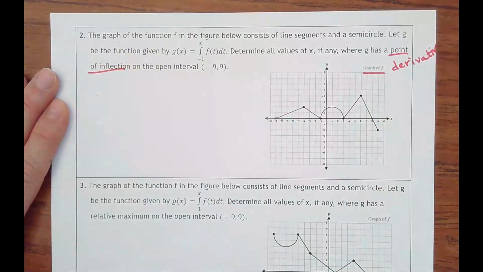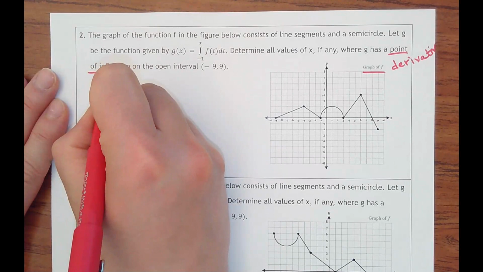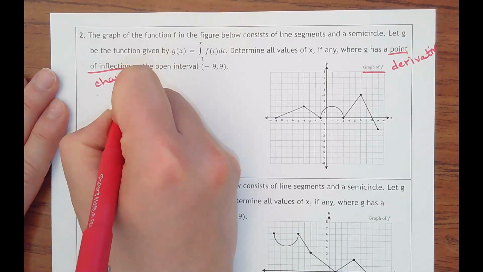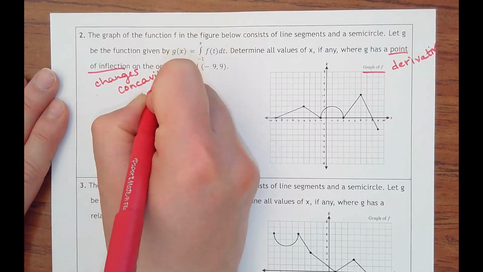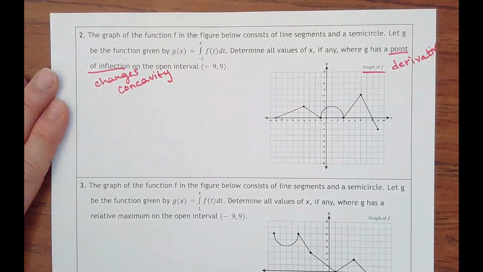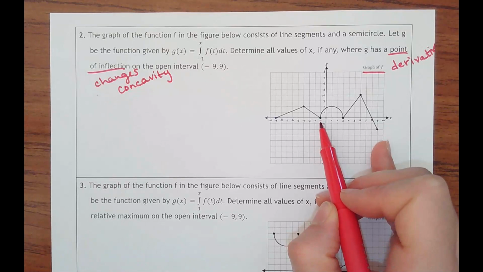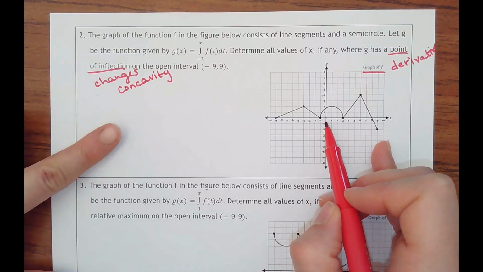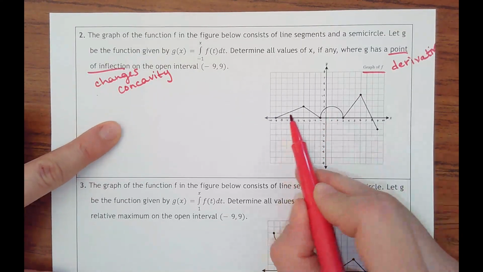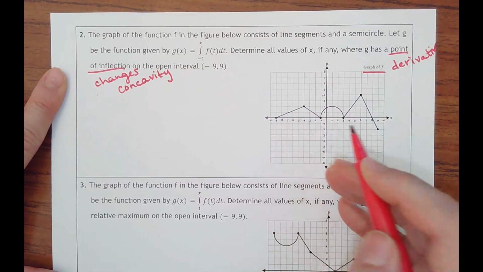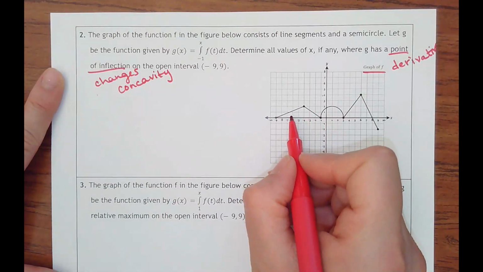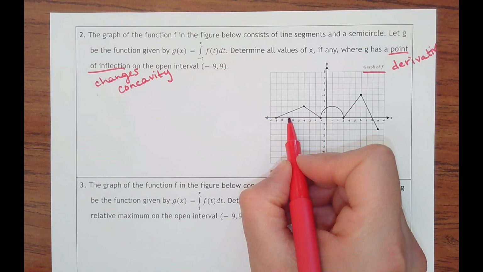Okay, do you remember points of inflection are where it changes concavity? So if it changes concavity, and I'm looking at the derivative graph, concavity is actually the second derivative. So I'm looking at the slope of this slope, which I know is confusing, because slope of a slope is the second derivative.